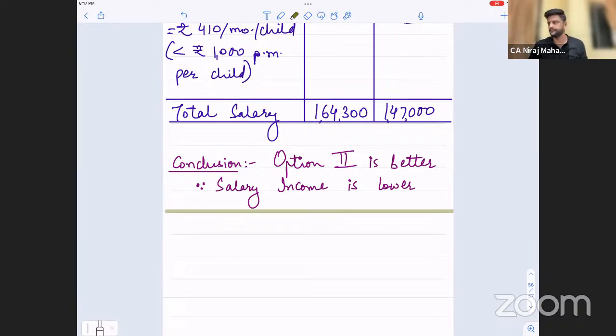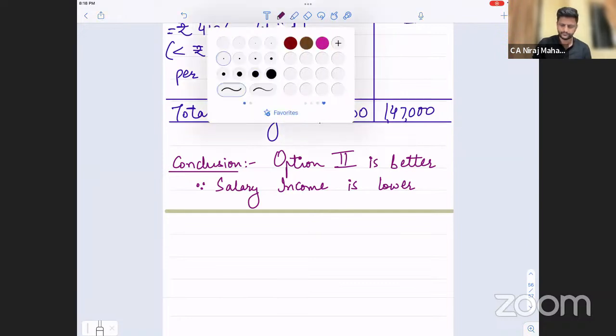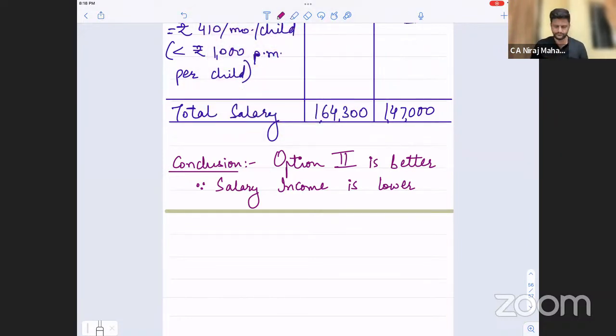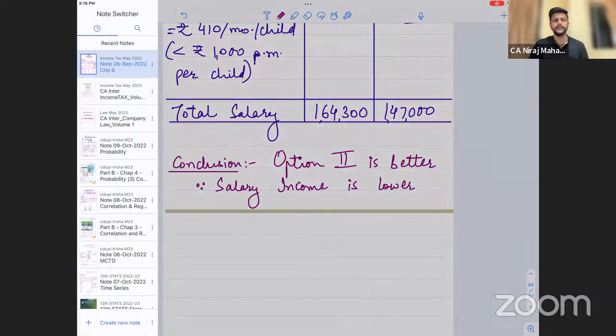That means instead of taking cash, it is better that he takes the education facility provided by the employer. All right, all of you. We'll go ahead a little bit.